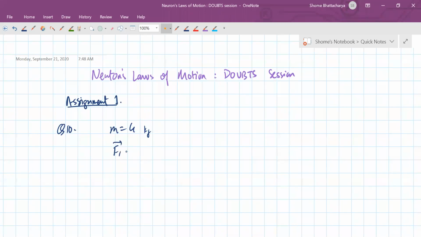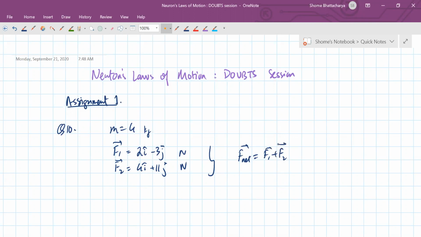See, force F1 is given in component form, force F2 is given in component form. So the net force is just the sum of these two. This force is 2 i cap minus 3 j cap, this force is 4 i cap plus 11 j cap. These are in newtons. So from this you calculate the net force, which is the vector sum of these two.